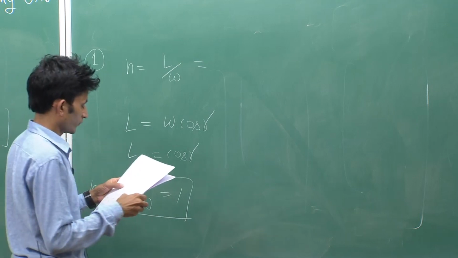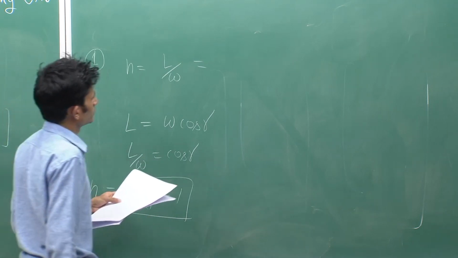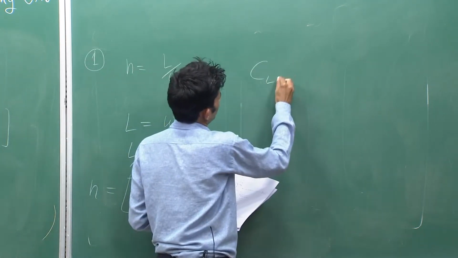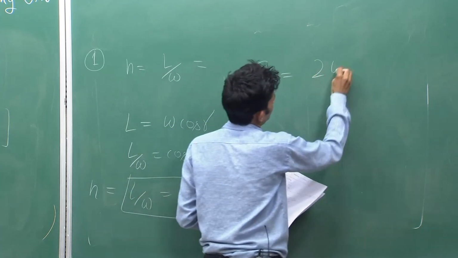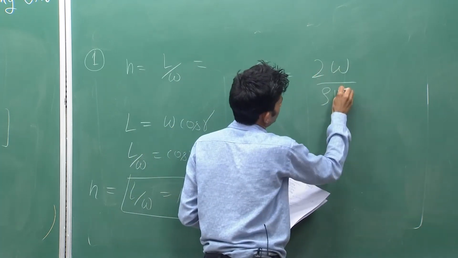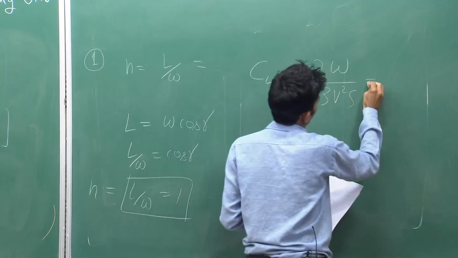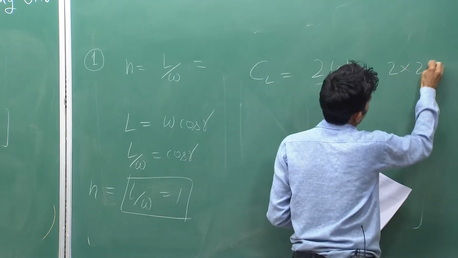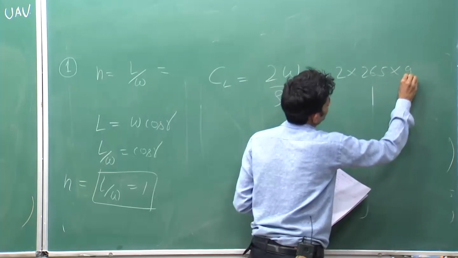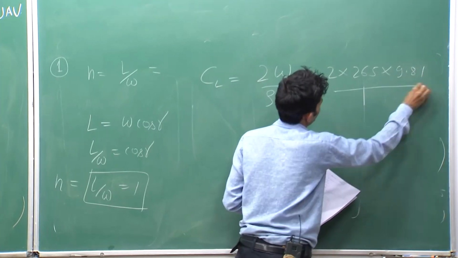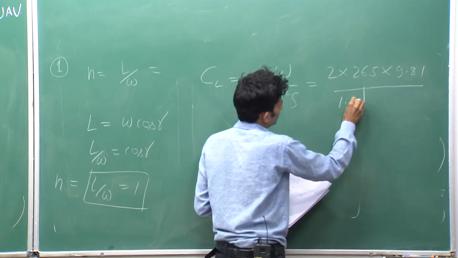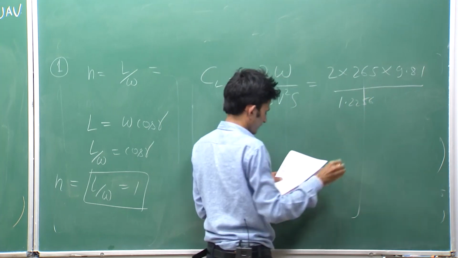Okay. And in the second question you have to find the CL value. You are very familiar with this equation, CL equals 2W divided by rho V square into S. Weight is given as 265, you have to convert it into Newton by multiplying by 9.81. Mean sea level density is 1.225.